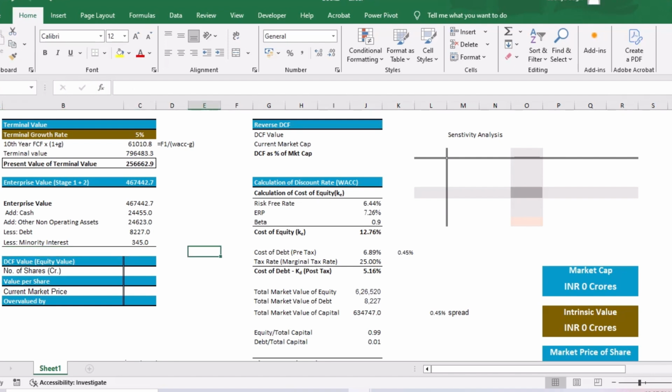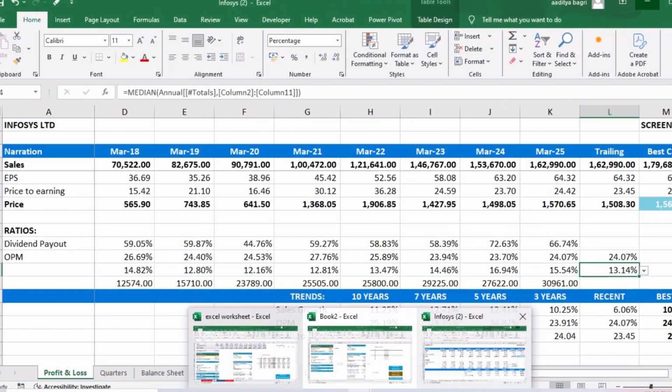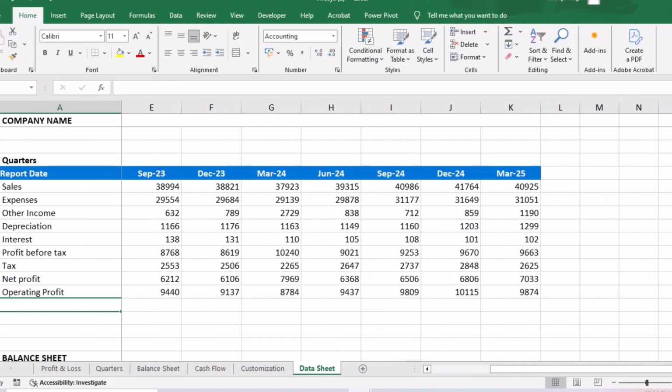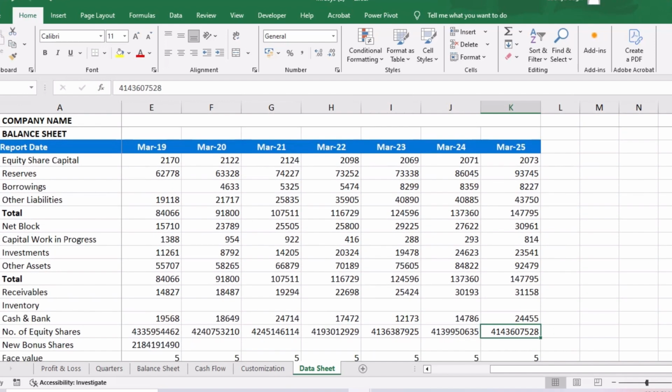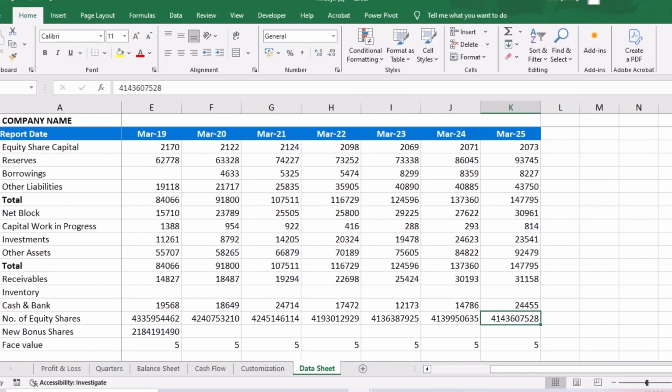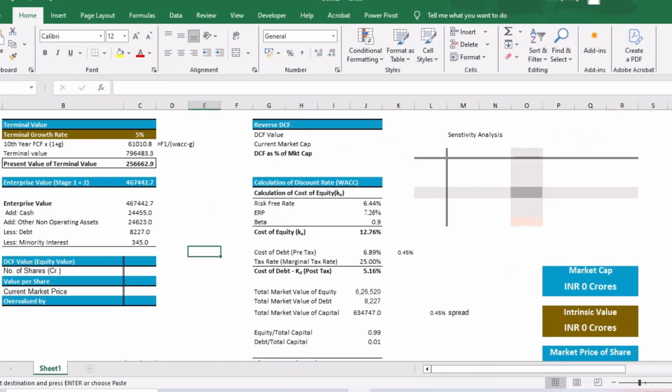Currently the total number of outstanding shares, let me see, this is the figure. As per FY25, the total number of outstanding shares is this. Have this copied, paste it.